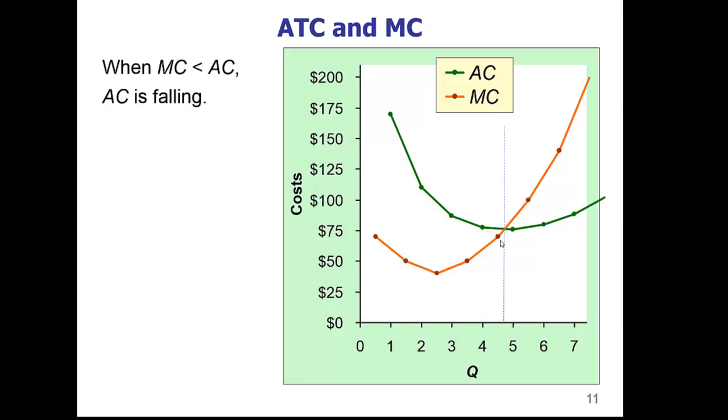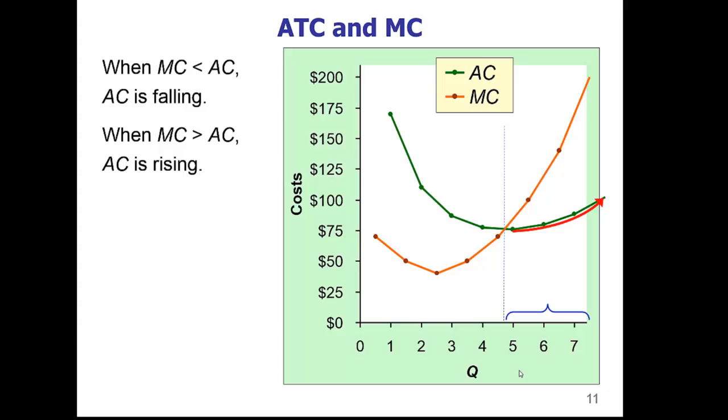But what's going to happen if marginal cost is greater than average cost? For these points to the right of where this intersection happens, marginal is greater than average for any given quantity. If that's the case, your average cost is going to go up.